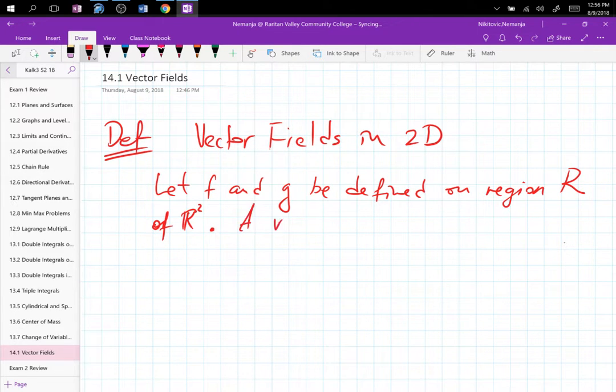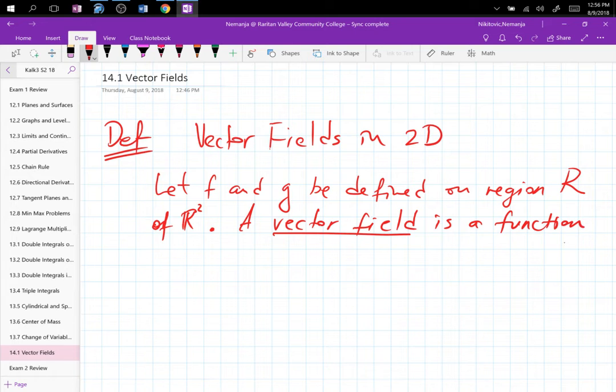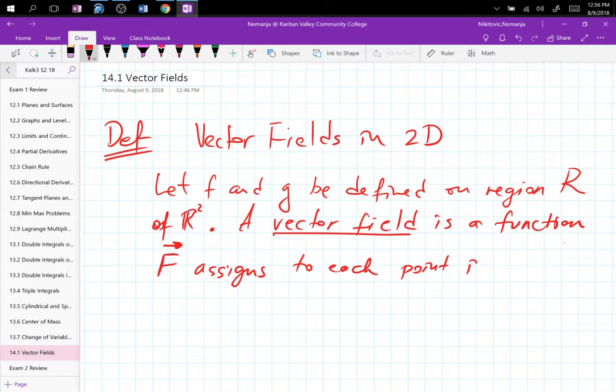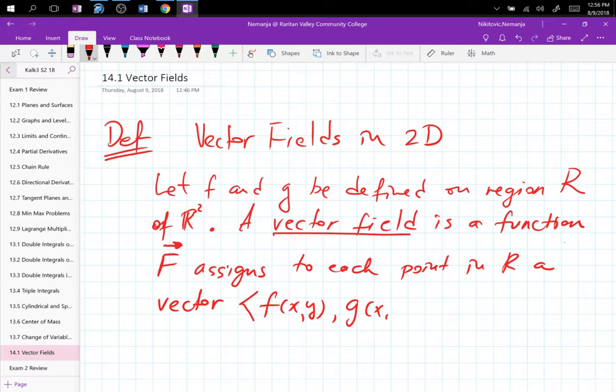A vector field is a function, use the capital F with the arrow on top, vector, don't forget those arrows, which assigns to each point in R a vector f of x y, g of x y.